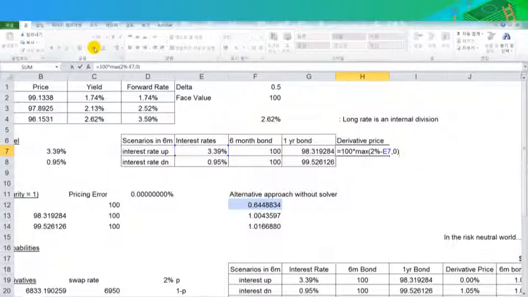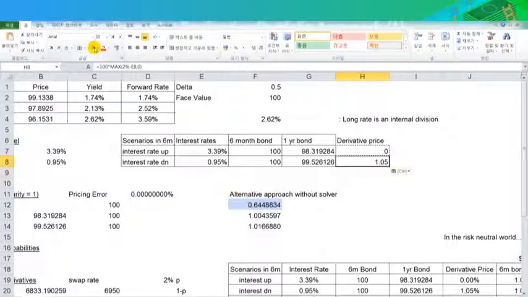Okay, this is the payoff. So 6 months later, when interest rate is up, as we know, it is 0. When interest is down, the derivative price is 0.05.